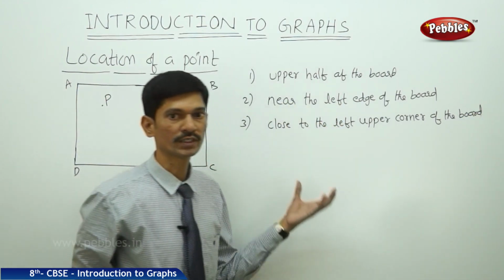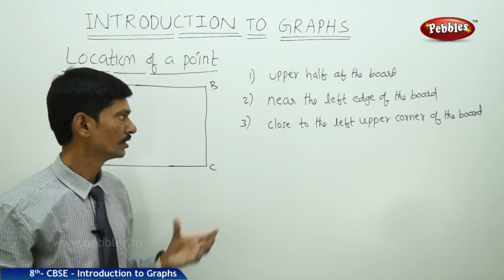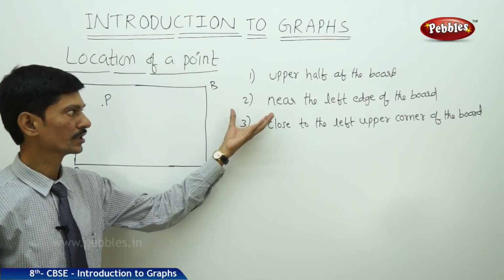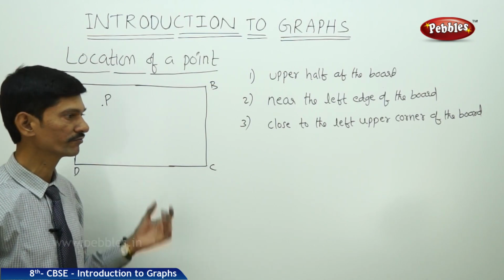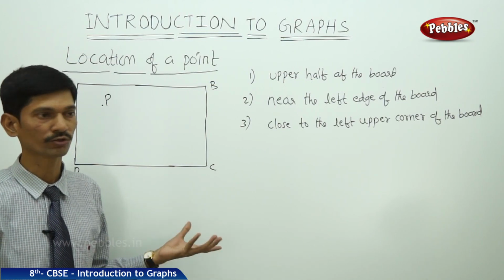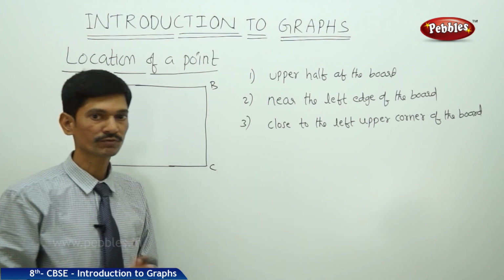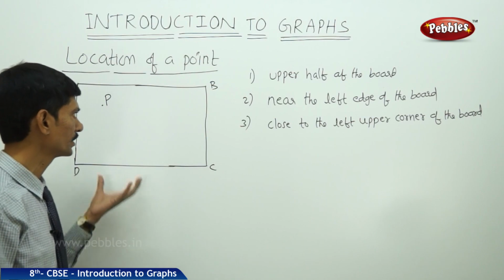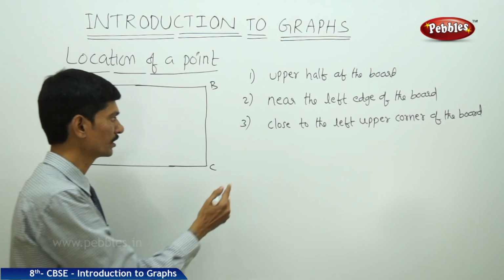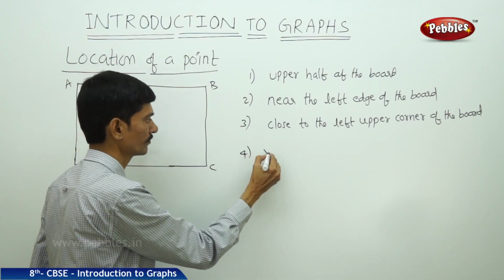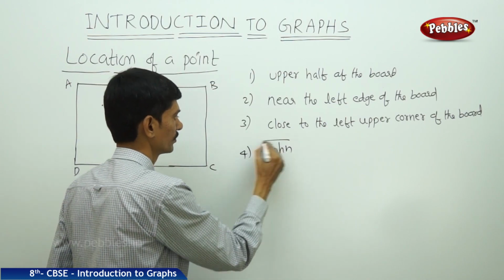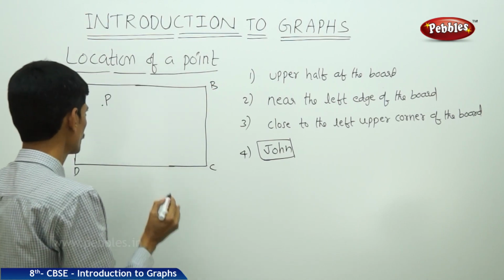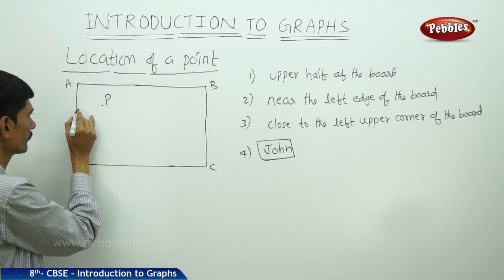So the different students give different responses to describe the location of the point. Now let us see which of these statements give the exact location of the point. We cannot say, because one student is responding in one way, but we cannot describe the exact location of the point. Then the other student, John, suggested that he measured the distance of the point from the left edge of the board.